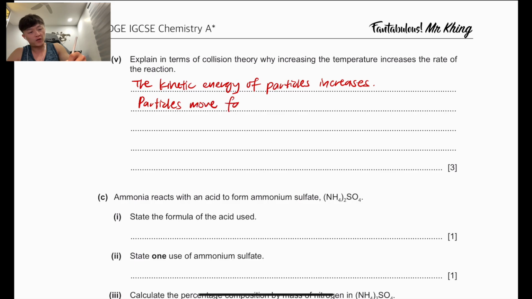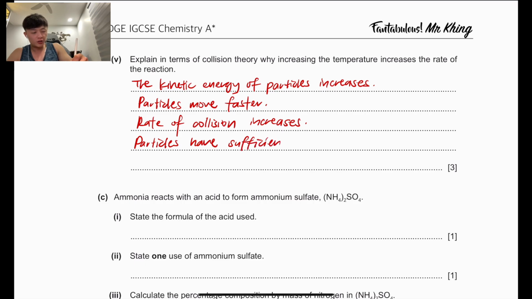Particles move faster. When particles move faster, the rate of collision increases, and which eventually gets particles that have sufficient energy to react. That's it.